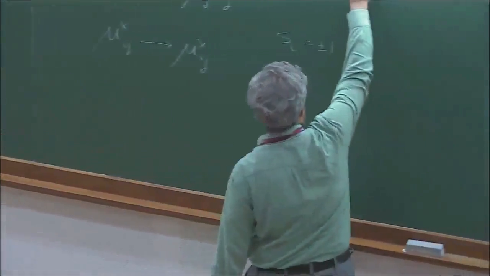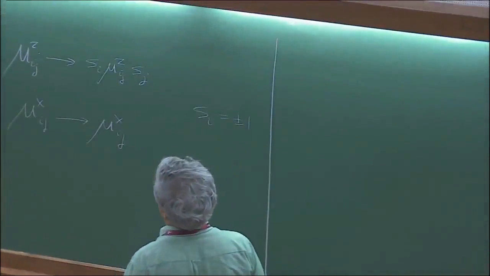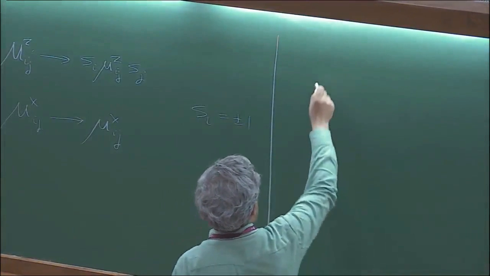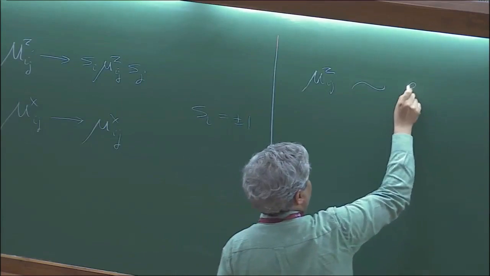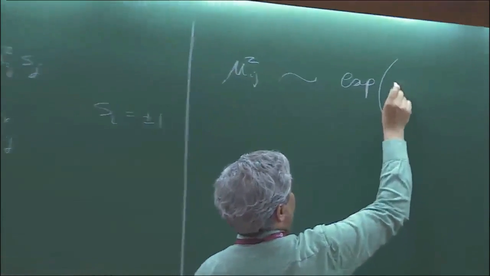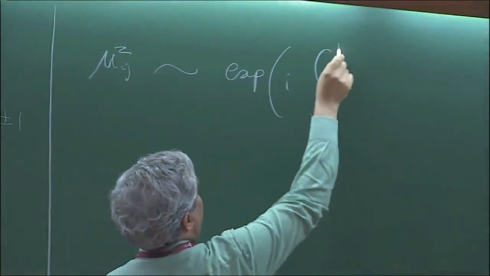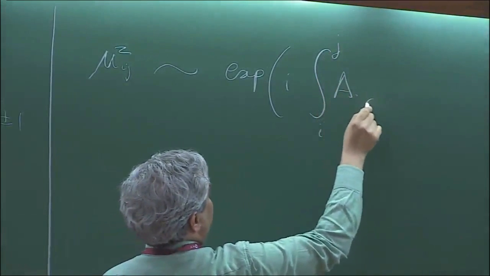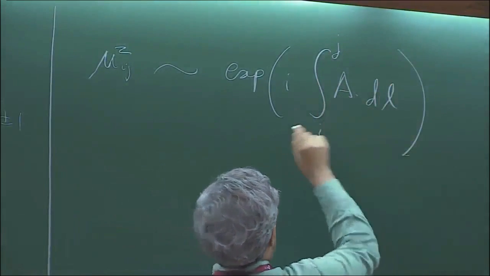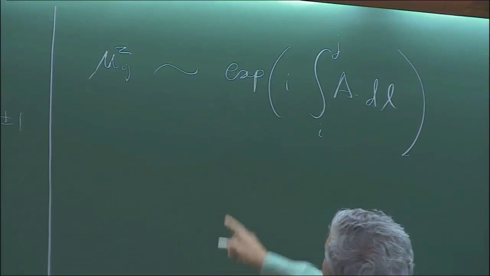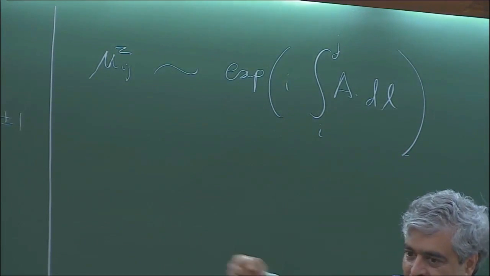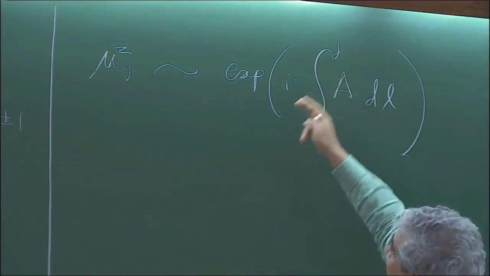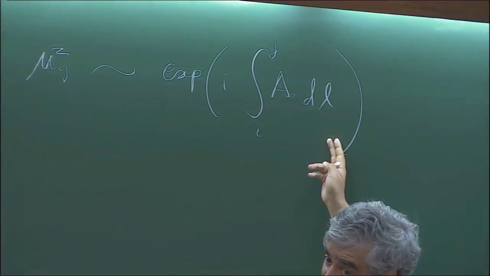if you want to see the analogy with electromagnetism, you should think of mu z ij as somehow looking like exponential i integral from i to j of A dot dl. This is the usual electromagnetism. This is the Aharonov-Bohm phase factor. You go from one point to the next, from i to j, and this is the phase factor you're going to get.